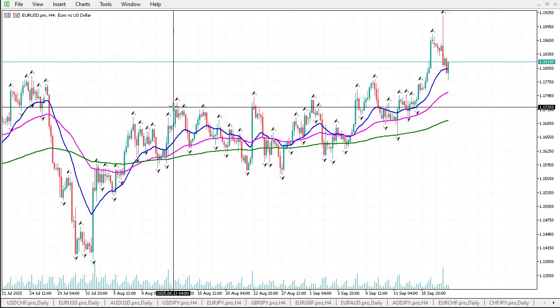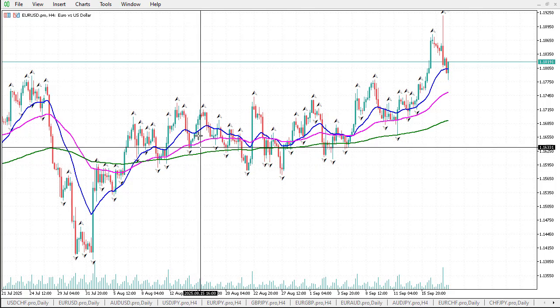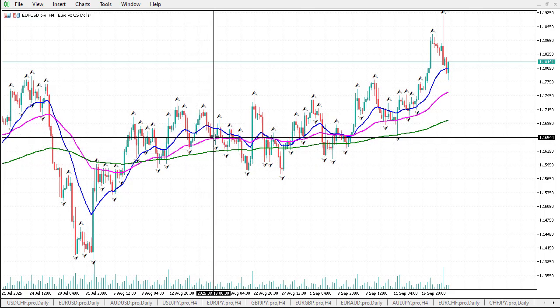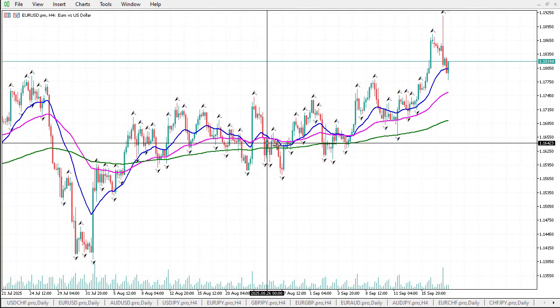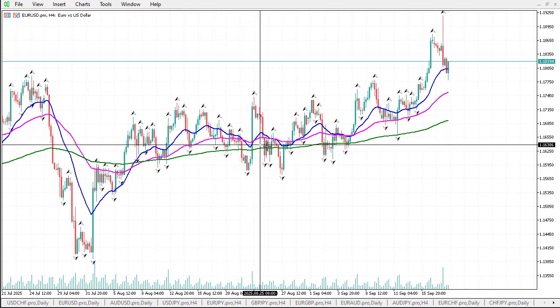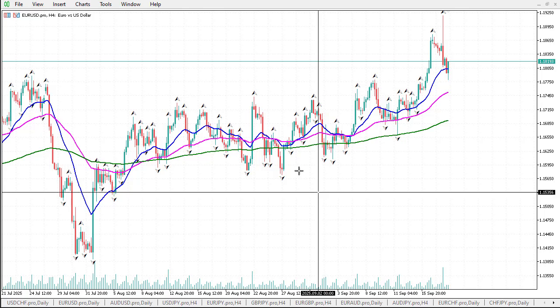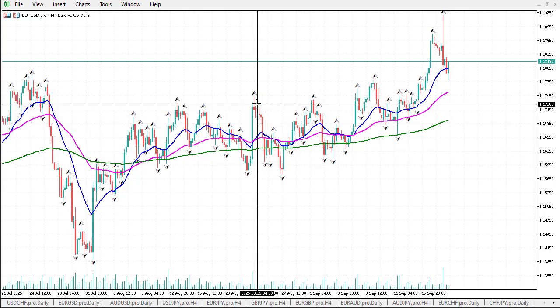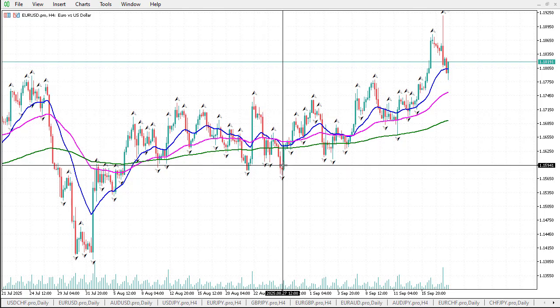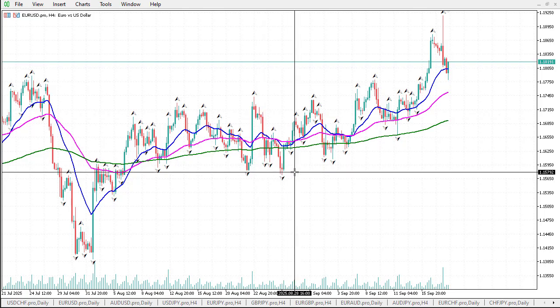There are times that you see a structure like this when the moving averages are all moving horizontally and they are very close to one another, as if they are one. That means we have ranging conditions and a trend following strategy will not work. So what do we do?